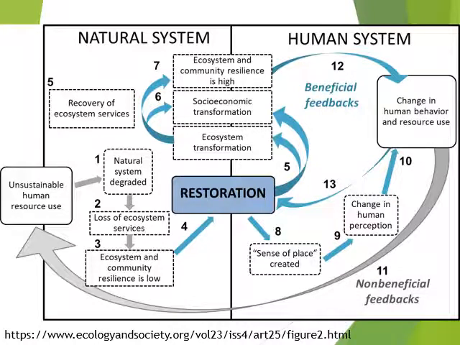The first thing I want to point out is that in my field, I deal with what are considered to be social ecological systems or coupled human and natural systems.